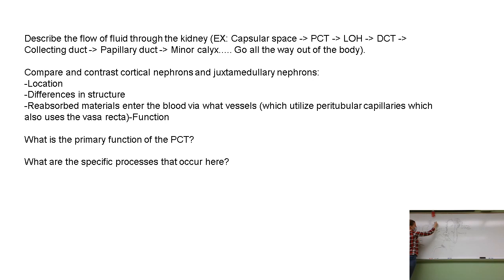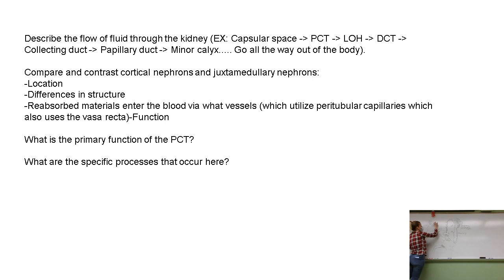And so we have like the renal corpuscle, and then the proximal convoluted tubule, and then their nephron loop loops kind of down into the medulla just a little bit, and then the distal convoluted tubule, and that goes into the collecting duct.